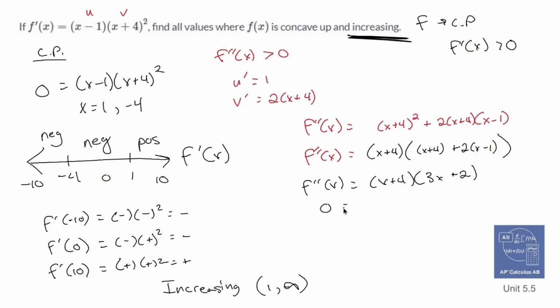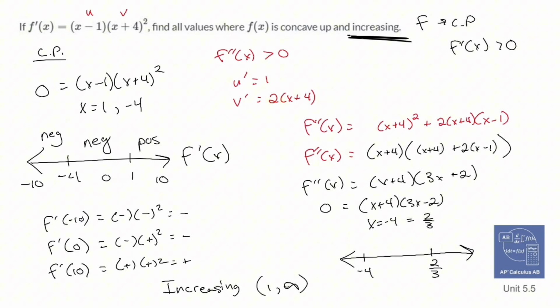So setting that equal to 0, I have inflection points at x plus 4 and 3x minus 2. Let's be cute here: negative 4. If I add 2 and divide by 3, I get 2/3. Okay, so let's make a sign chart involving the numbers negative 4 and 2/3.